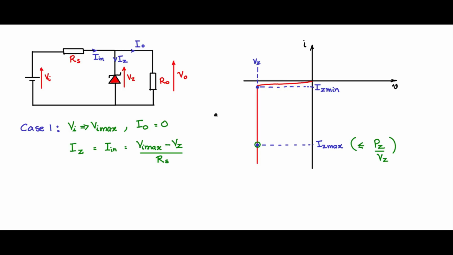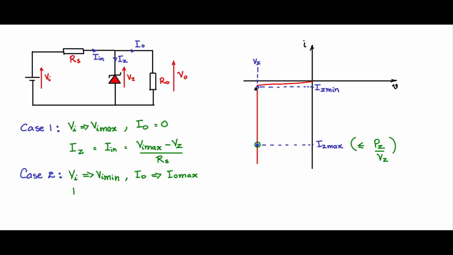The second limiting case happens when Vi is Vi min and I0 is maximum. That is when R0 is at a minimum value. So you have I0 max. Under this condition, I0 plus Iz should be equal to In.